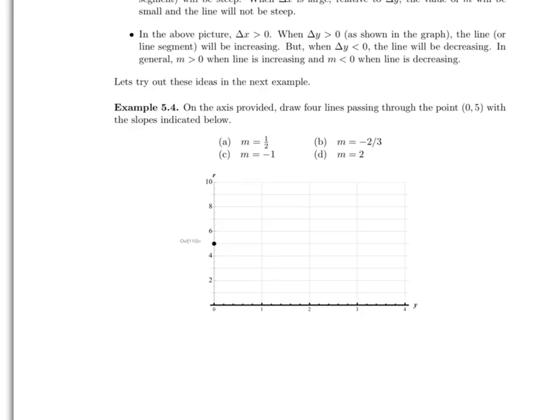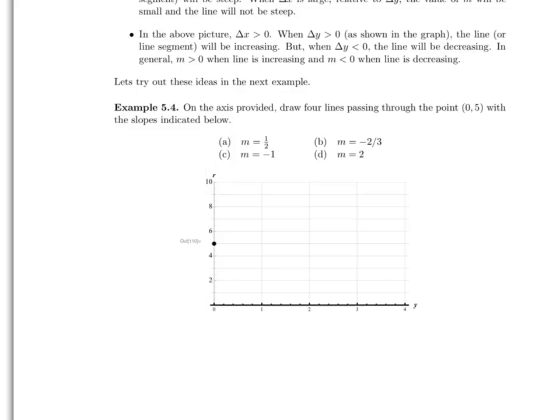On the axes provided, draw 4 lines passing through the point 0,5 with the slopes indicated below. Well, first of all, let's make sure we know how to interpret the slope here. If we look at this graph, notice that on the horizontal axis we have the letter y. That means, first of all, that y is playing the role of the input. And on the vertical axis we have r.